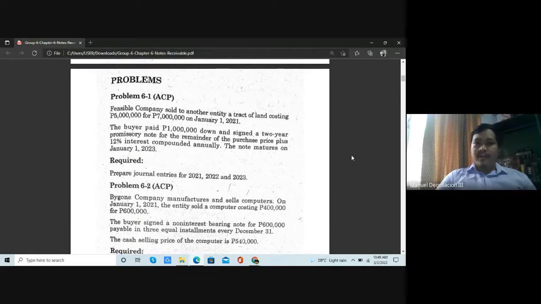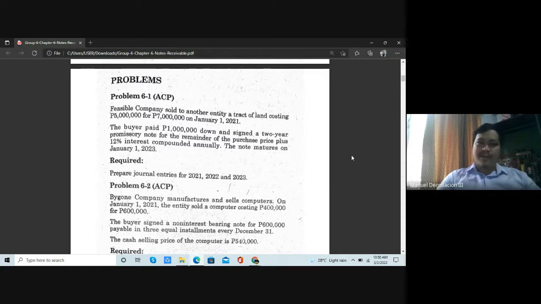But again, class, I do not want you to be misled that the primary difference between your accounts receivable and your notes receivable is the length of time. It's actually not. It's actually in the form of the receivable as to how it is being constituted. Your notes receivable is constituted by the issuance of a commercial document in our favor.